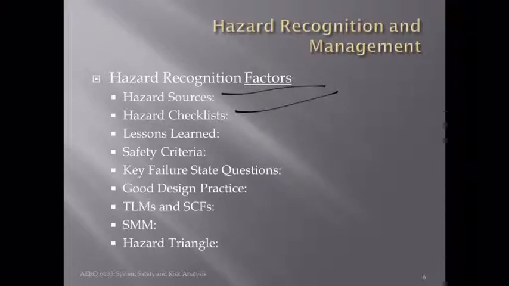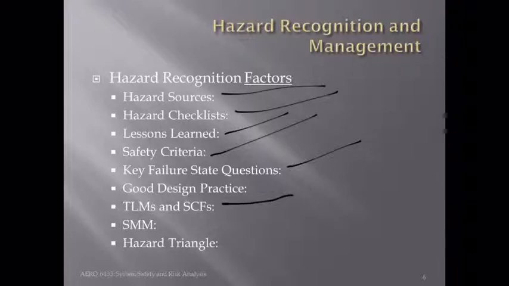Some sample checklists are in the back of your book. Lessons learned from previous industry practices, legal and industry-specific safety criteria. All this can provide clues into what hazards may have generated these standard practices. The use of key failure state questions is a very good method to identify hazards. A list of questions is provided in your PowerPoint.